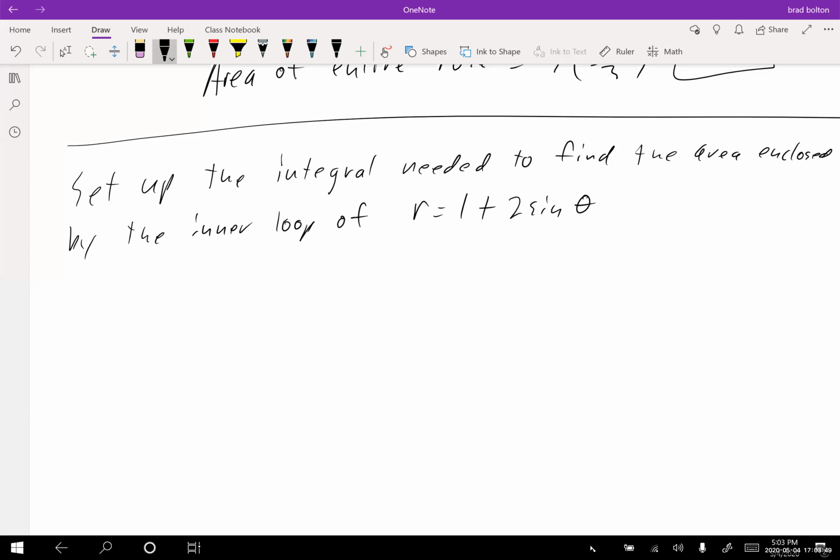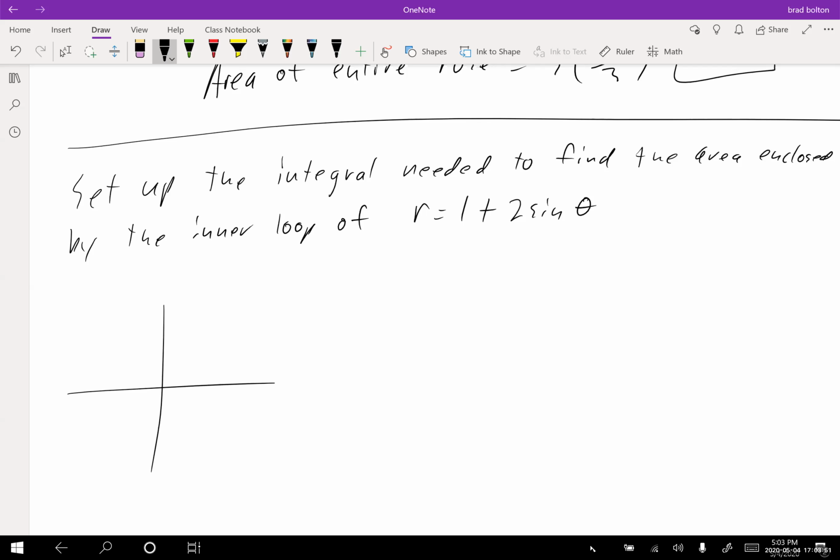Okay, so take a minute to graph this on your calculator. Again, you always want to have these sketched so you see what you're getting yourself into. Okay, so that's going to be this inner loop right here. Let me graph it again. Okay, so they do something like this.